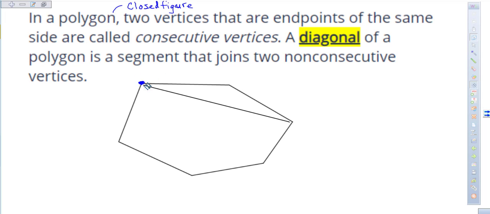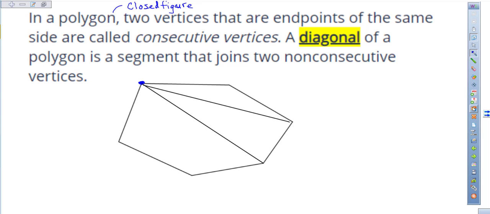From that same vertex, I can draw another diagonal to another non-consecutive vertex. So right there. And on this one, I can actually draw one more. I can go from that blue dot down to this bottom one. So from any given vertex on this polygon, I could draw in three diagonals. It doesn't matter which one I choose.